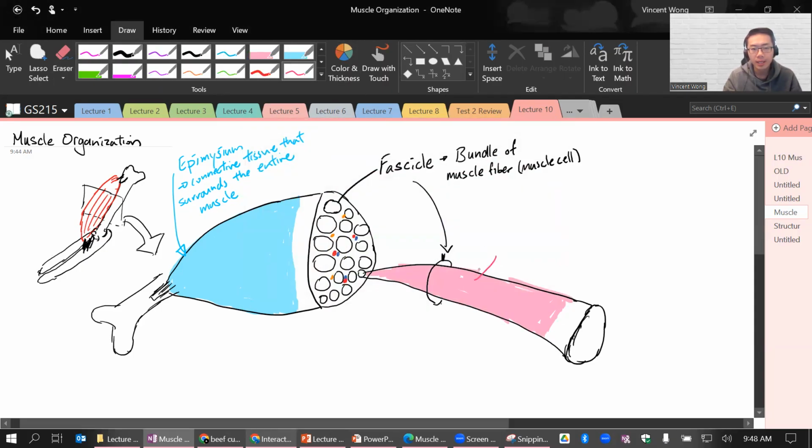That is the perimysium, which, as you can imagine, is connective tissue that surrounds the entire fascicle.